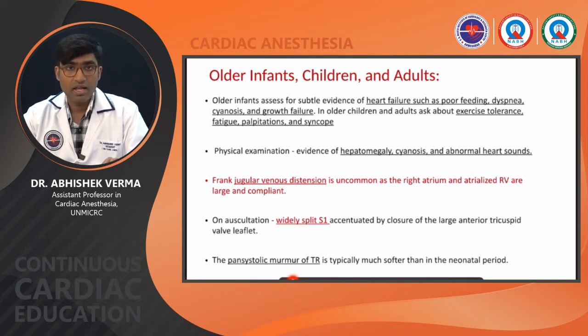There is also a frank JVP because of the TR. We also find wide splitting of S1 during auscultation because of the large anterior tricuspid valve leaflet. And we also find a pansystolic murmur of tricuspid regurgitation in the neonatal period.